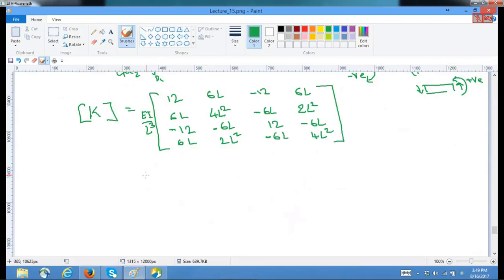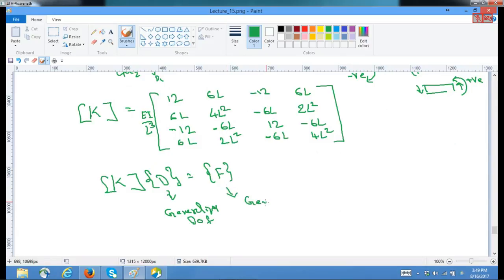So similarly, this is the stiffness matrix we are obtaining. If I rewrite it, it is k times d equals f, where d is my generalized degrees of freedom and f is my generalized force vector.